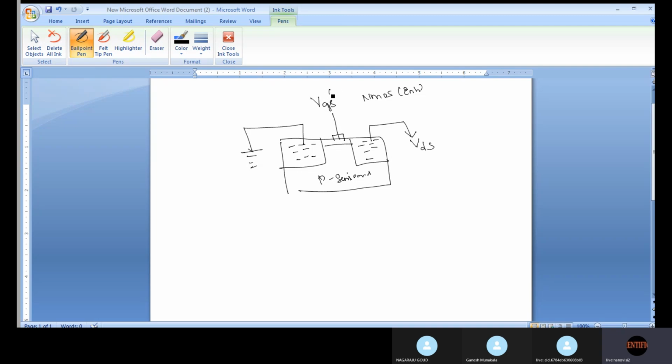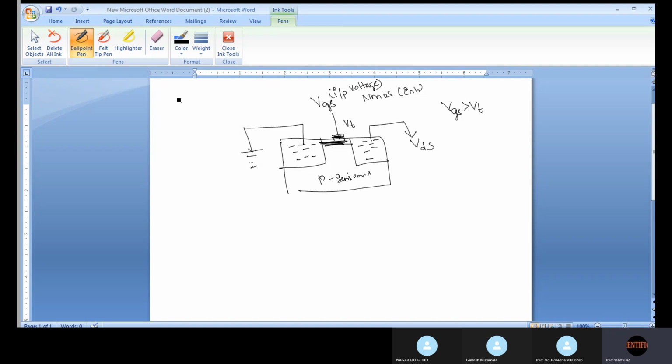VGS is the input voltage. Why we call it VGS: because we are giving it to the gate. VGS is the input voltage, and the gate always has some threshold voltage. The channel will be formed when VGS is greater than VT.